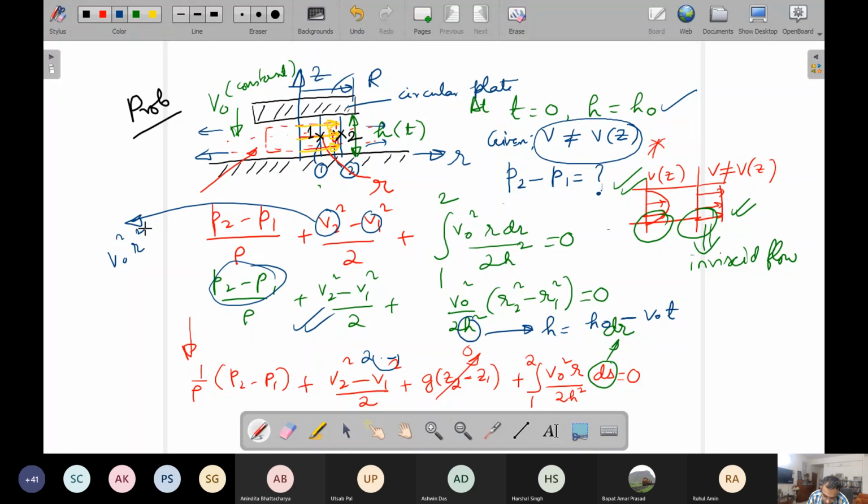So V0 square R2 square by 4H square, and similarly V0 square R1 square by 4H square. So in that way, you can get the pressure difference in terms of the difference in the radial coordinate.